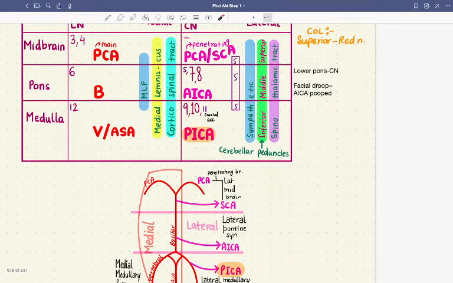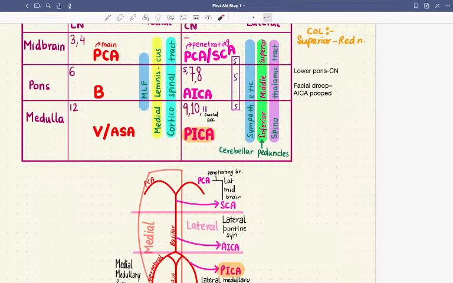Now, lateral midbrain syndrome: penetrating branches of these two, obviously PICA and SCA. Lateral pontine syndrome, what was it? Obviously laterally we had the AICA, because AICA was a branch of the basilar artery. And lateral medullary syndrome is what?